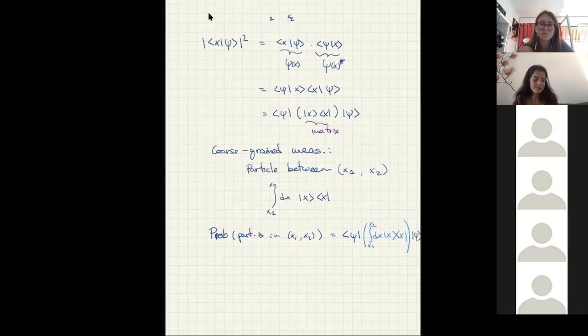So we just replaced this very precise matrix with this one that's a bit more coarse-grained. Let's just see first what the result is.